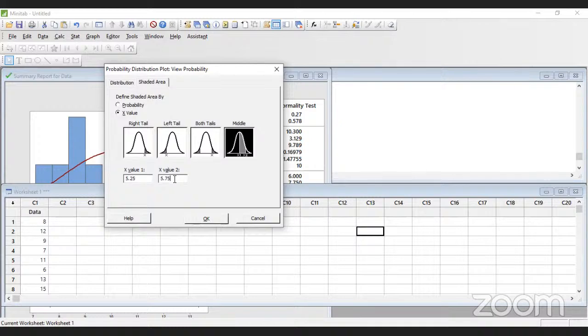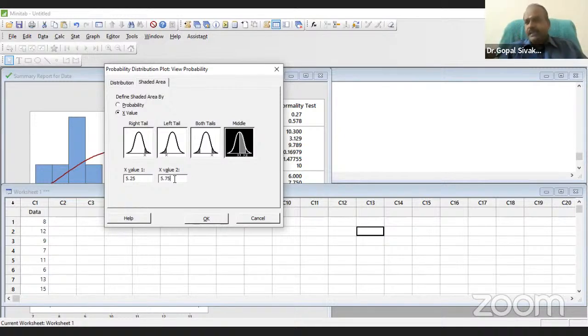Now what is the probability for an individual in India in the age group of 25 to 45 to have a height between 5.25 and 5.75? Do you understand? When I meet 100 people in India in the age group of 25 to 45, what percentage of the people will have the height in this range?